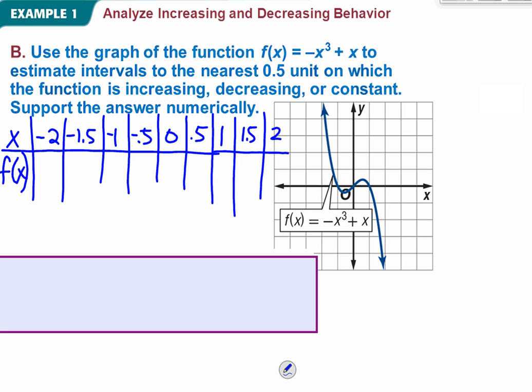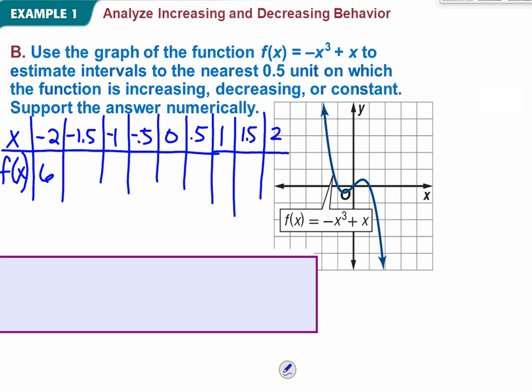Let me know when you've got it. At -2, do you have something yet? 6.